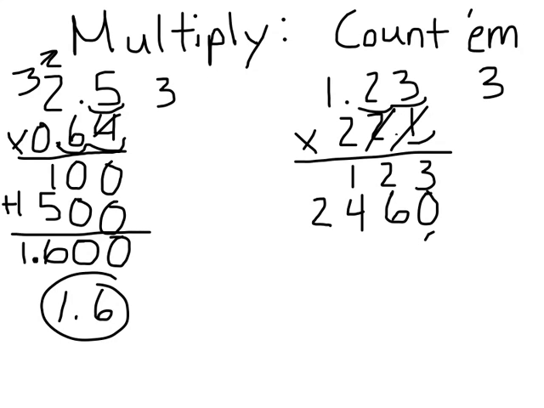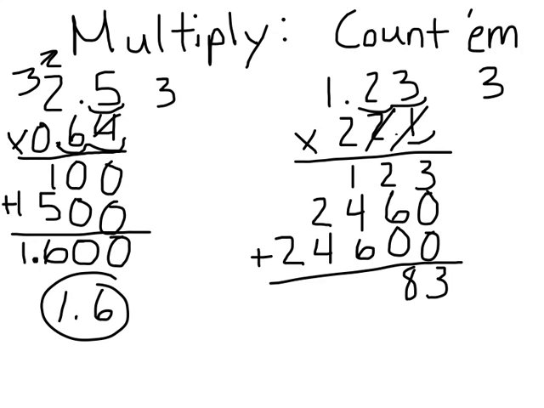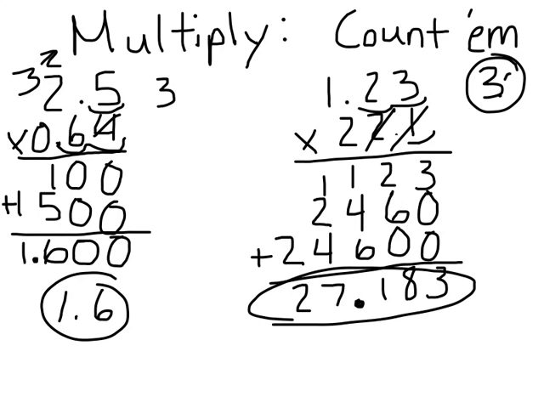Drop 2 zeros when I'm in the hundreds place. 2 times 3 is 6, 2 times 2 is 4, 2 times 1 is 2. And now I can add 3, 8, 11, 7, 2, and I need 3 numbers behind my decimal, because that's what I counted before I got started. My answer is 27 and 183 thousandths.